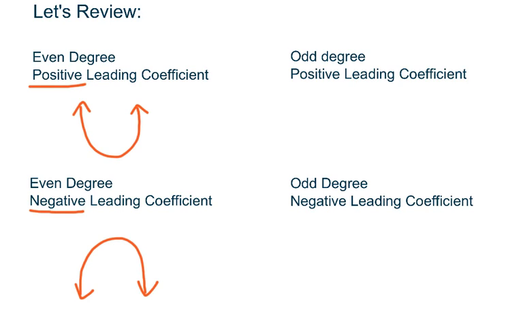Now, if our polynomial is an odd degree polynomial and it has a positive leading coefficient, it's going to have what we're calling a cubic curve shape, where the end behavior is going in opposite directions. When the leading coefficient is positive, the right side is going up.